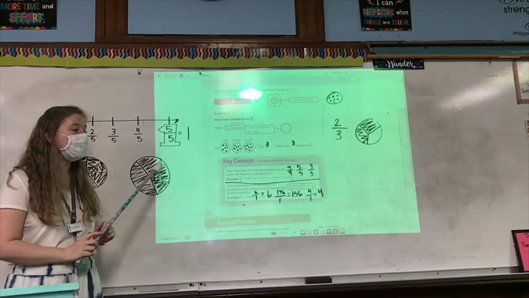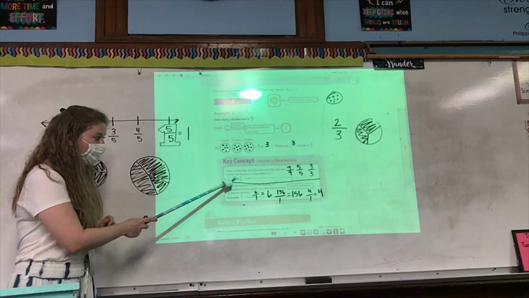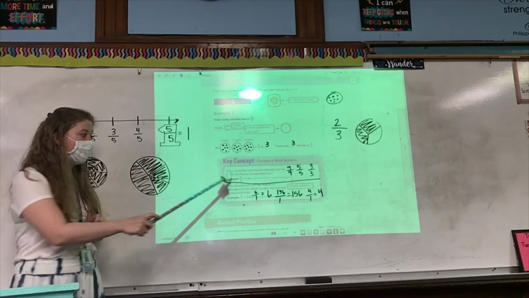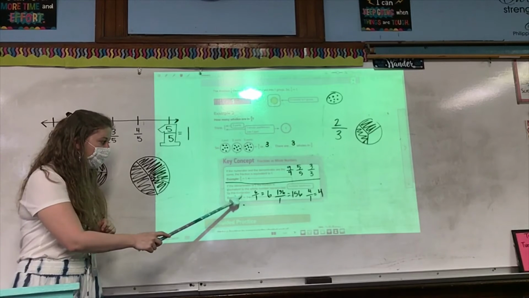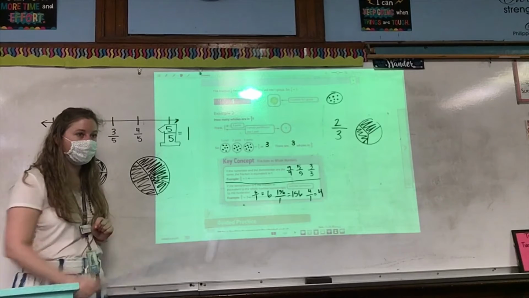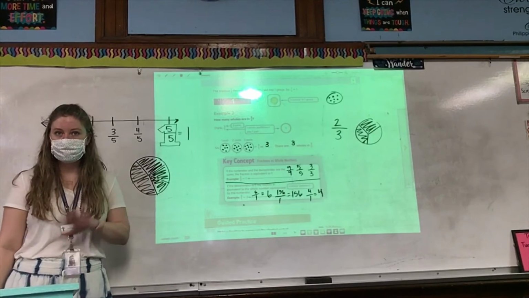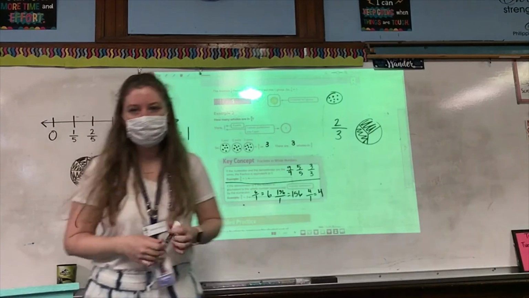Okay, so does everybody understand this first concept, where if the numerator and the denominator are the same, the fraction is equal to 1? And this bottom concept, where if you have a 1 as the denominator, the fraction is equal to whatever the numerator is, the wholes. Does everybody understand that? Okay, let's move on to the guided practice.